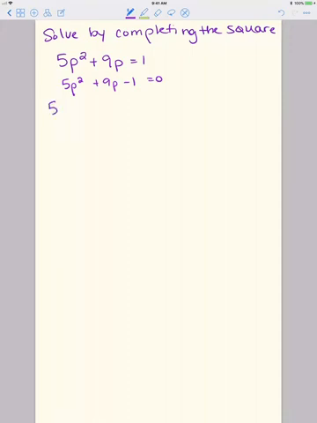So if I pull that 5 out, which again is essentially like dividing everything by 5 to factor it out, you're left with p squared plus 9 over 5p minus 1 over 5 equals 0. Then we'll group the first two together.